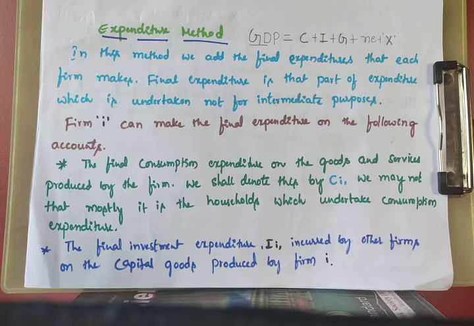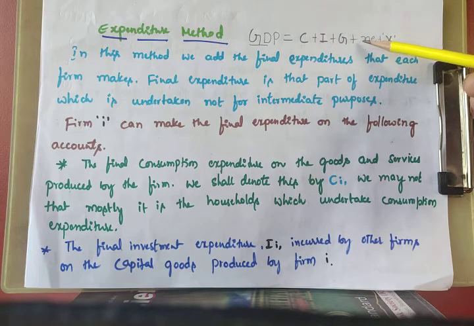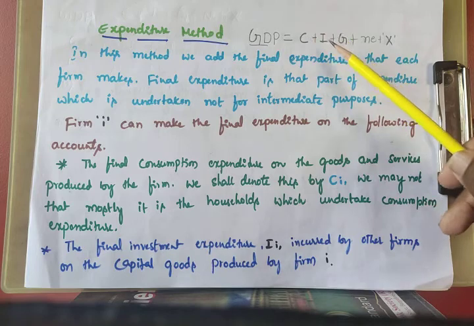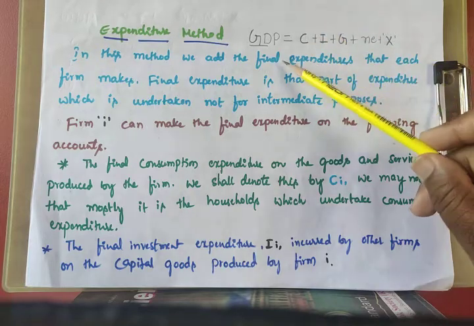So this way, GDP is C plus I plus G plus net X, very important. Consumption, investment, government, exports. Here we calculate the final expenditure.